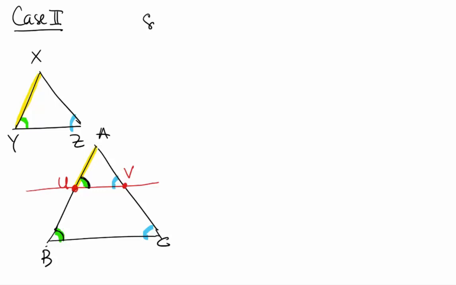So since these two triangles are congruent to each other, we can now say that AV is equal to the measurement of the segment XZ.